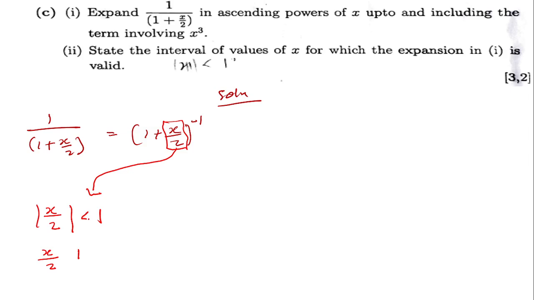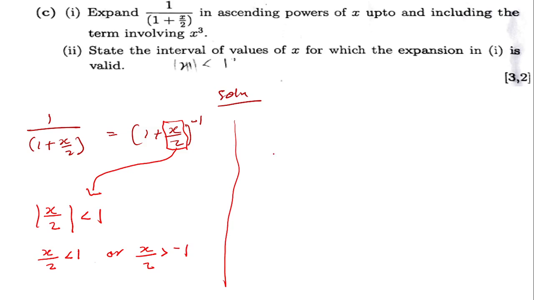So this one, you say that and that, and then or you know x over 2, since it's an absolute value, it's going to be greater than negative 1. So these are the two statements that you are going to have, but these two statements can be put together.